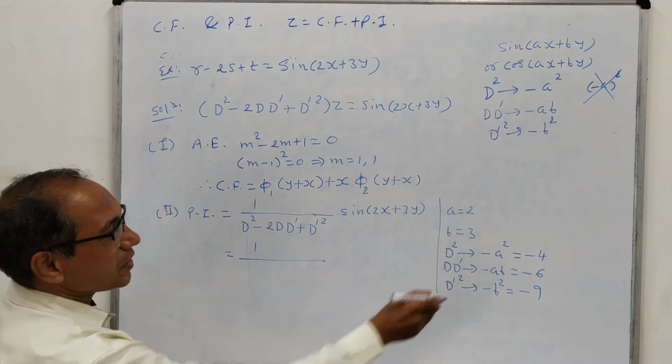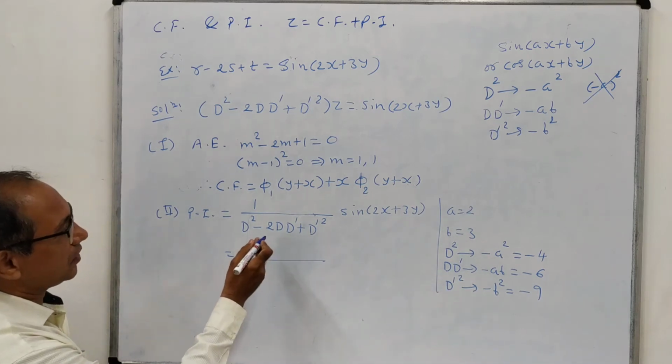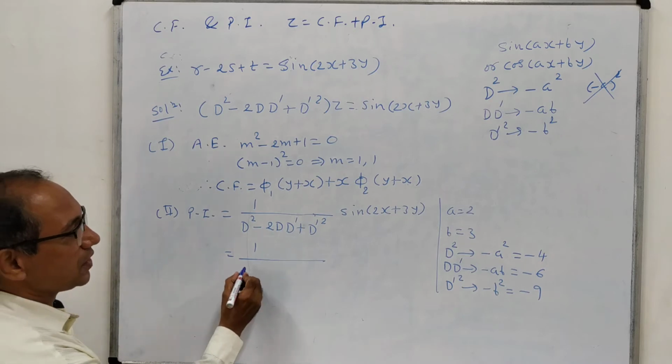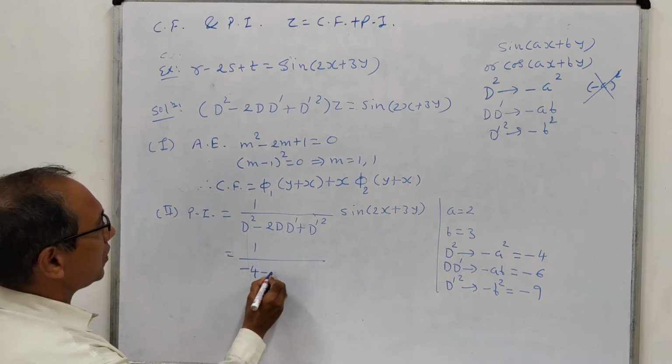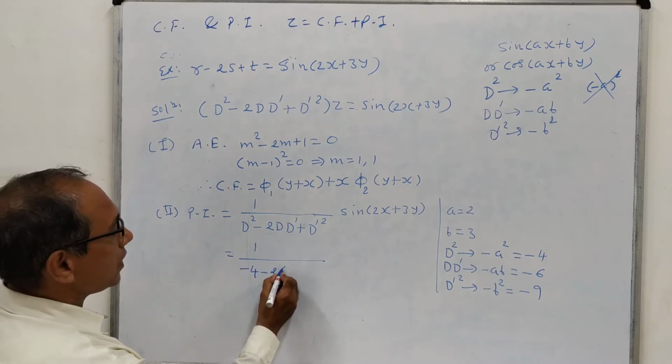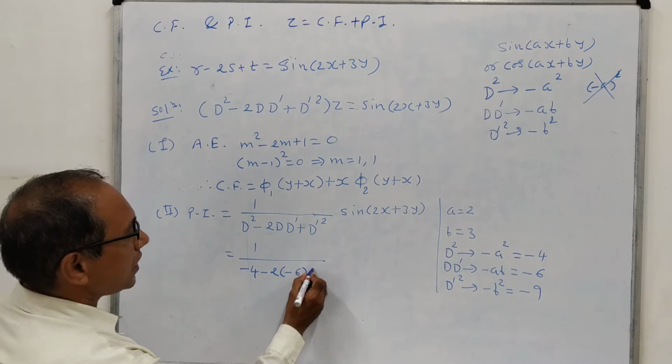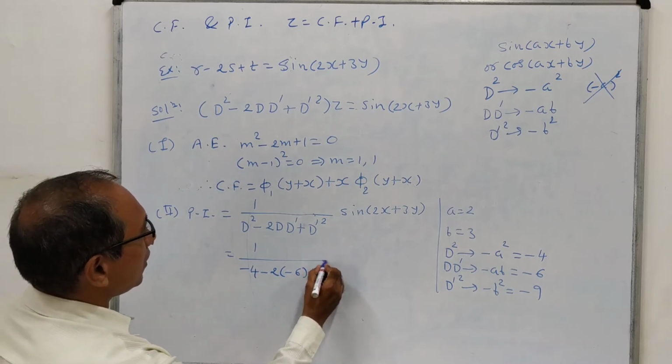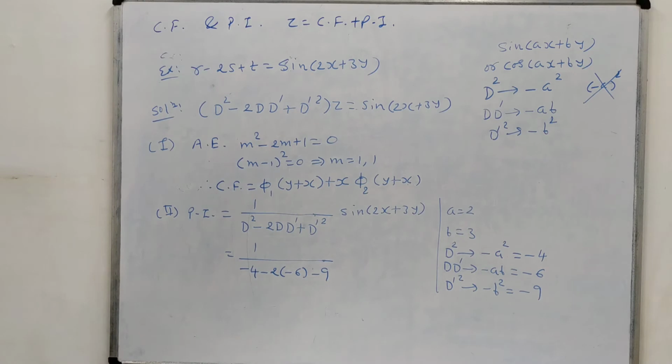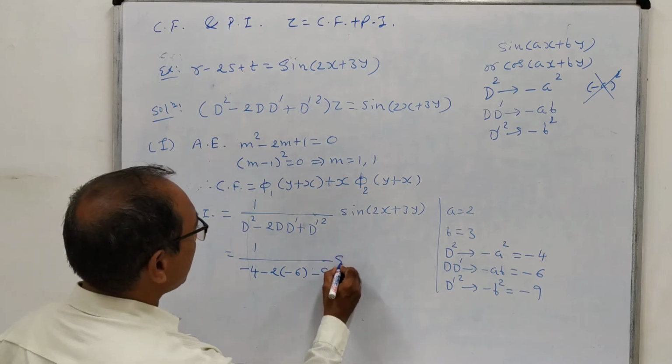You must write this out, so the substitution of the values becomes easier. So D² is −4, −2 times DD' is −6, plus D'² is −9, into sin(2x + 3y). Here there is no need of double integration.